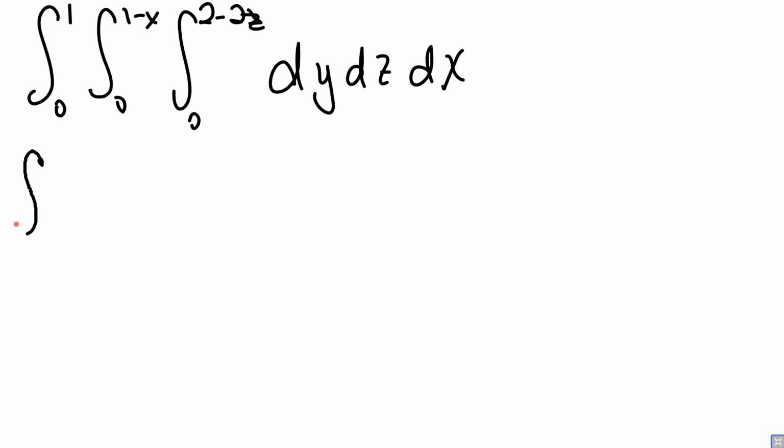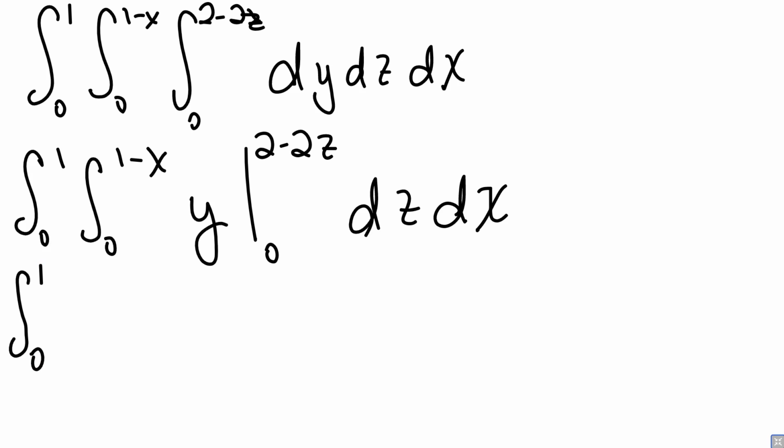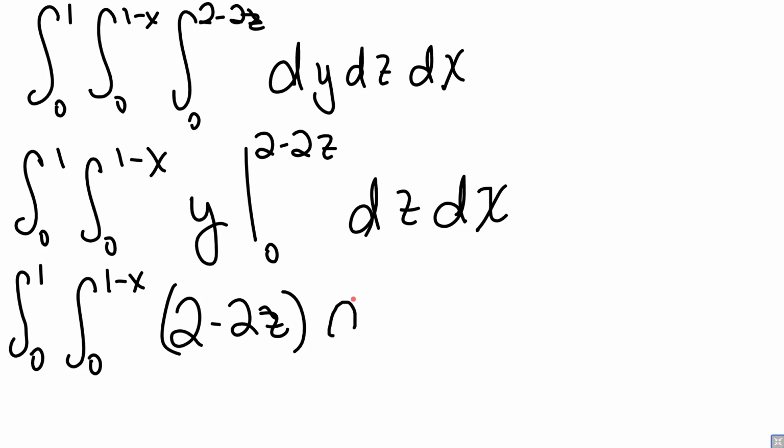First, if we integrate with respect to y, we end up with y, evaluated from 0 to 2 minus 2z. We don't have to worry about 0, so we just plug in the top, and we have the integral from 0 to 1, integral from 0 to 1 minus x of 2 minus 2z dz dx.